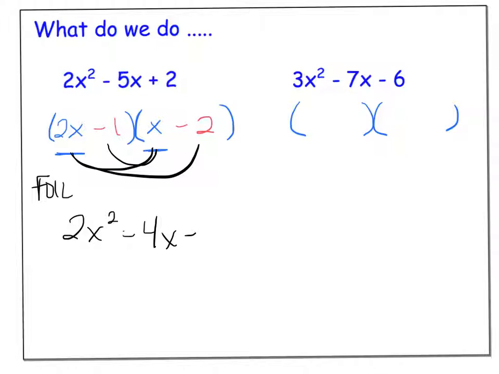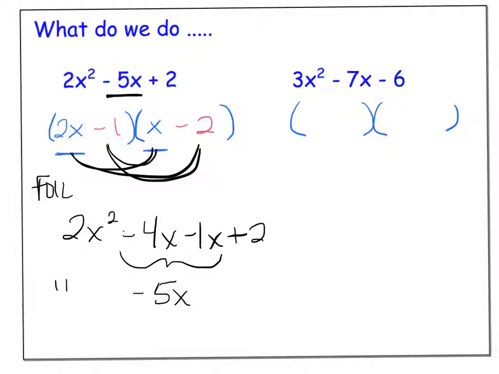My inner terms give me a -1x, and my last term gives me the +2. You can see once again that your inner and outer terms produce your middle term of the trinomial. And because it is a -5x, you have found your terms in the right combination, and thus you have found the answer of this factored trinomial. And you're done.